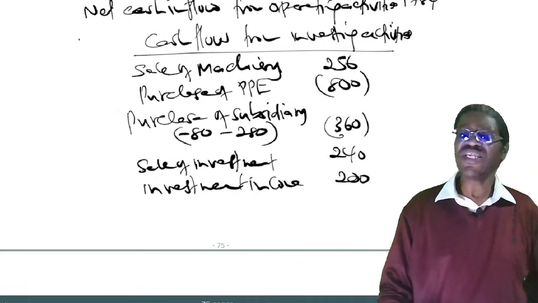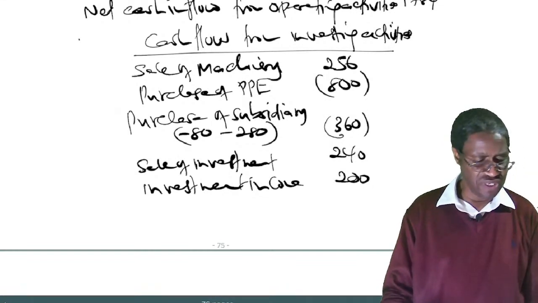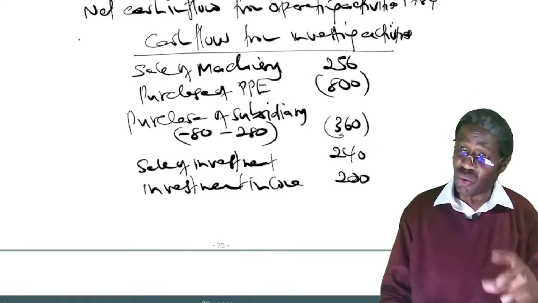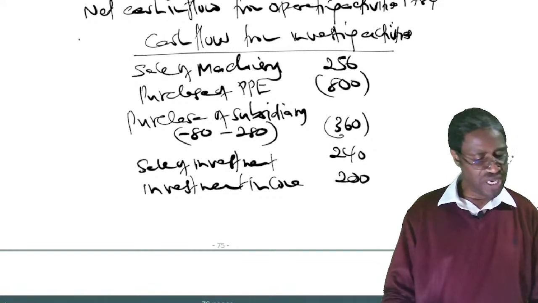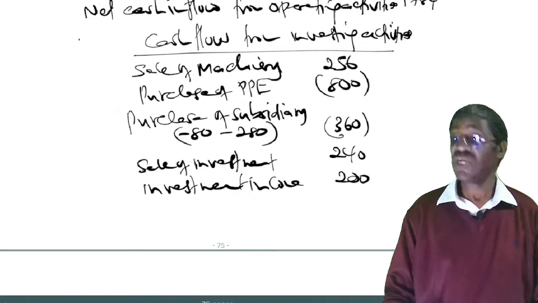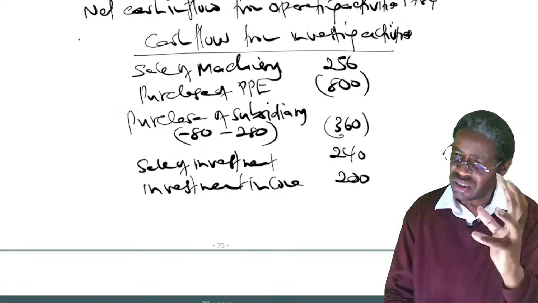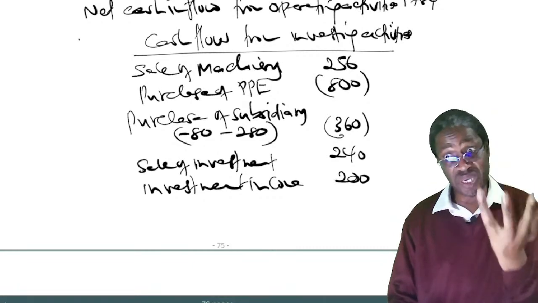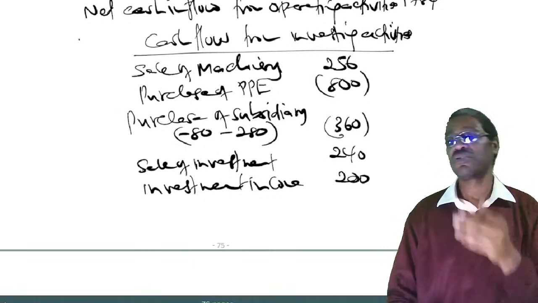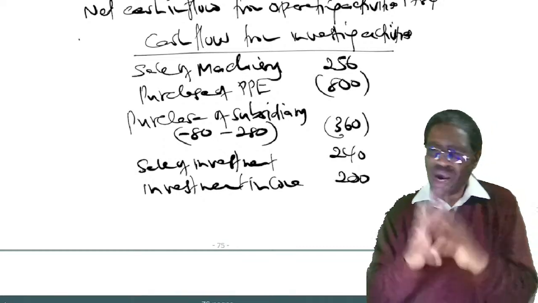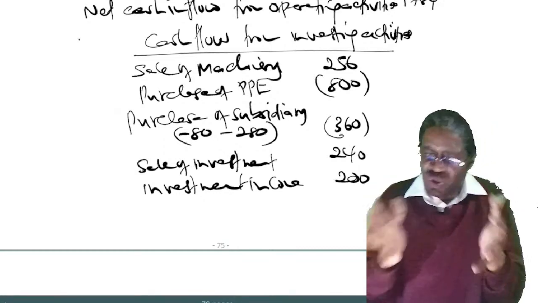Now we look for any other investing activity. Let's go through the question again, looking for any investing activities, either as a working or we could pick direct. Now, listen carefully, how do you identify them?